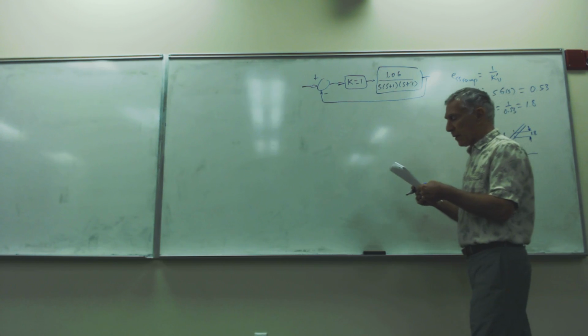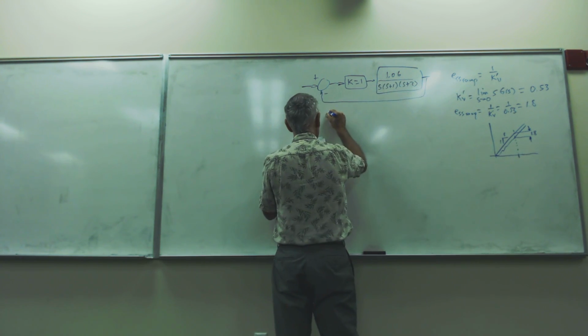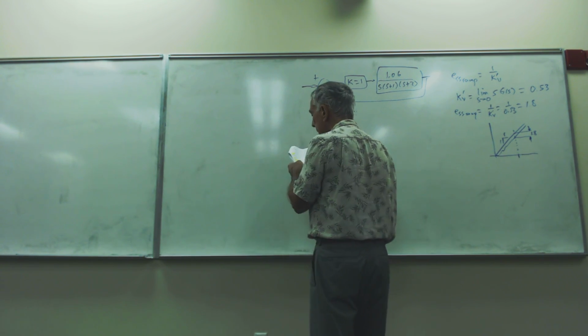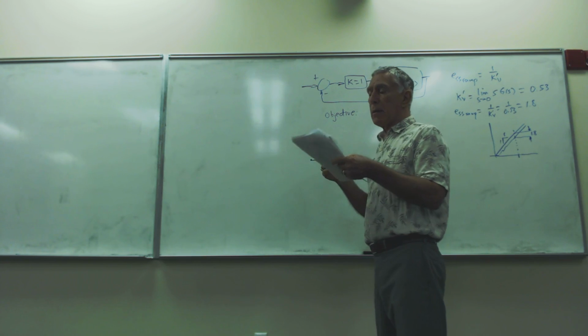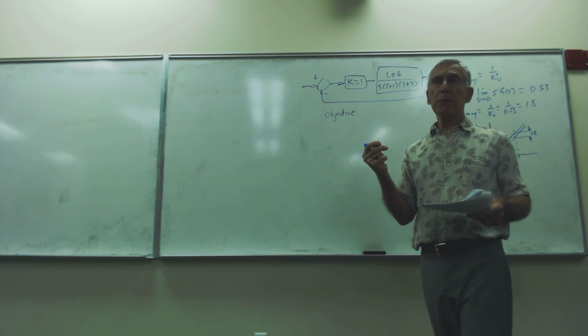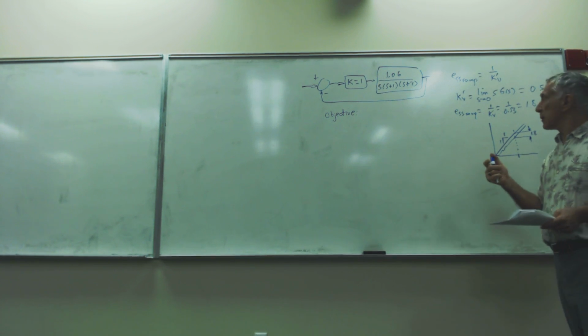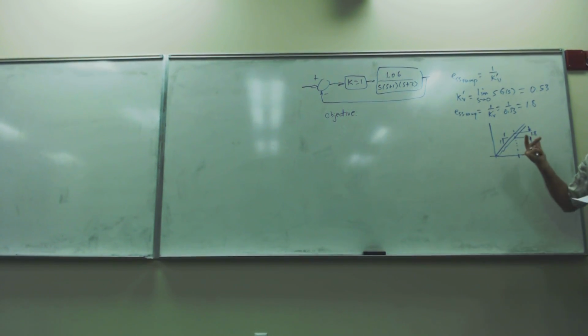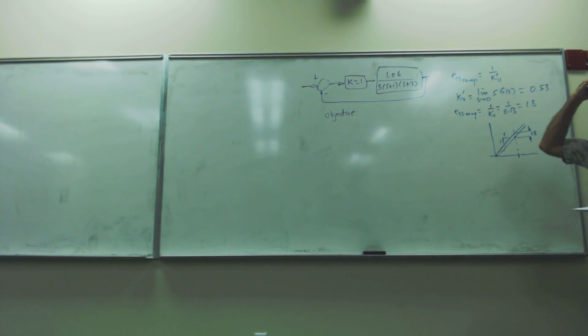And what we would like, the objective, is to decrease the steady-state ramp error by a factor of about 10. So what we would like to do is decrease this to about 0.2, or 0.18, which is about 0.2.